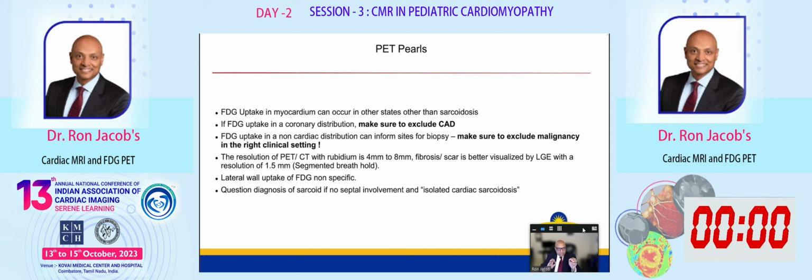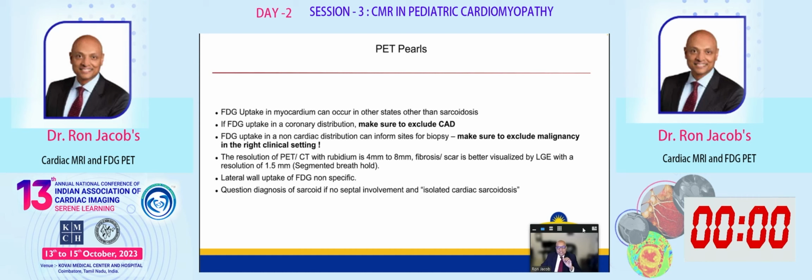Remember what I said before, the resolution of PET is around 4 to 8 millimeters. Breath hold LGE, a segmented breath hold, is about 1.5 millimeters. So it's really better to pick up scarring or very subtle involvement with sarcoid.